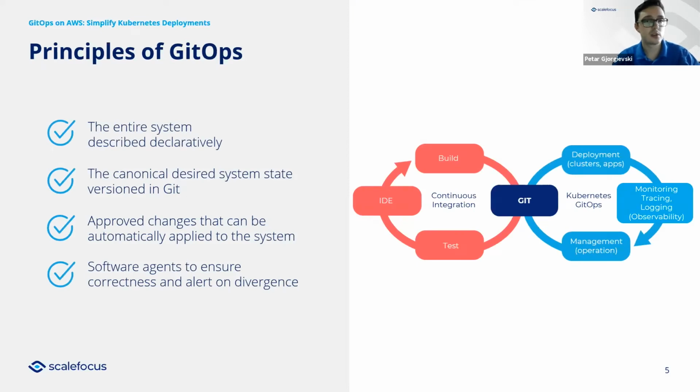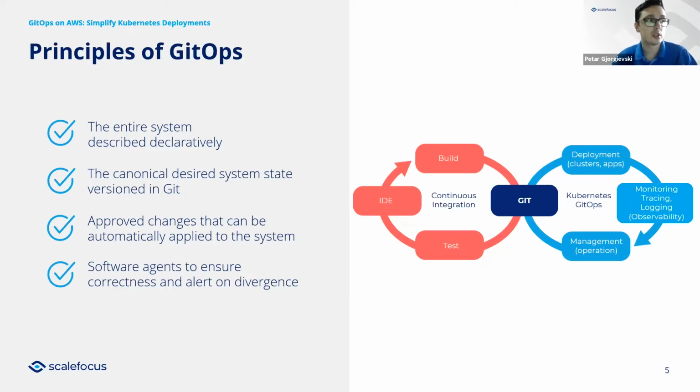So what are the principles of GitOps? The entire system is described declaratively, meaning with your application's declaration versioned in Git, you have a single source of truth. Your apps can then be easily deployed and rolled back to and from Kubernetes.